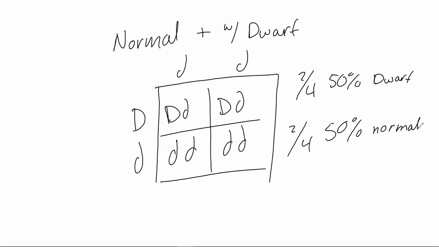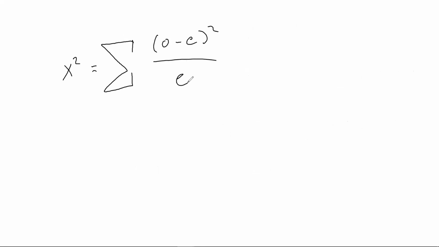Let's go over chi-squares. So we're looking at chi-squares. Remember, it is the x squared equals the sum of the observed minus expected squared divided by the expected. Right, that's our formula. If you didn't already have it, well, now you have it. And so for this one, what's a trait I can do? Hair type, right?